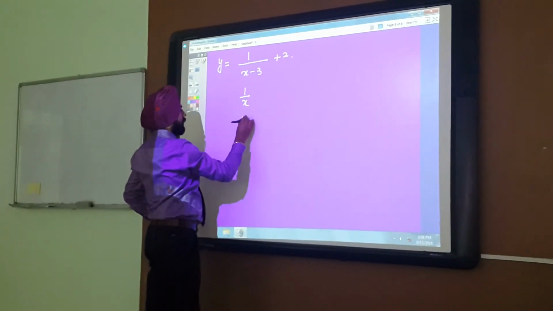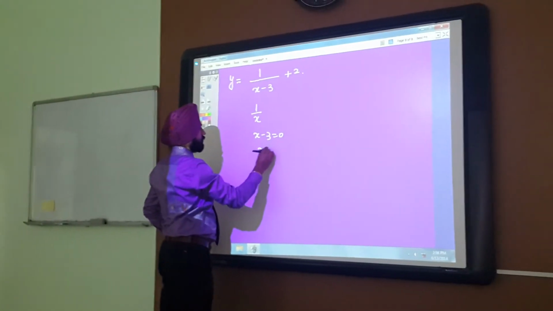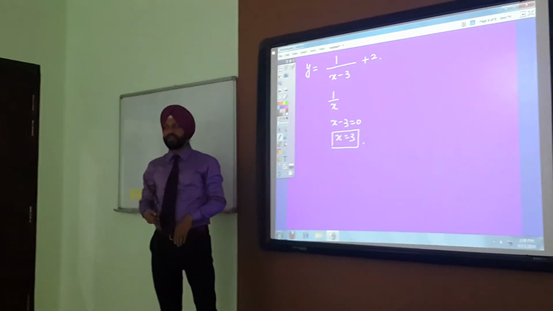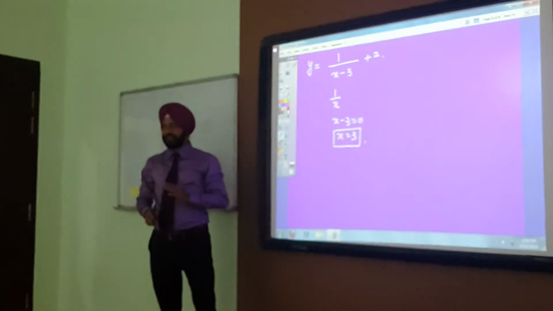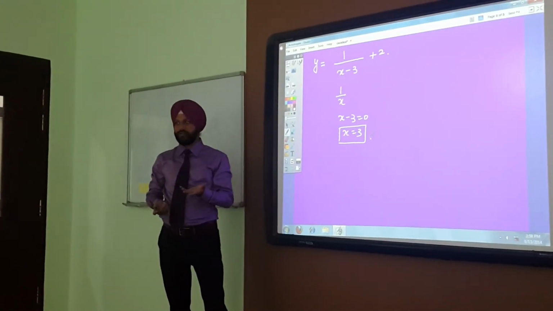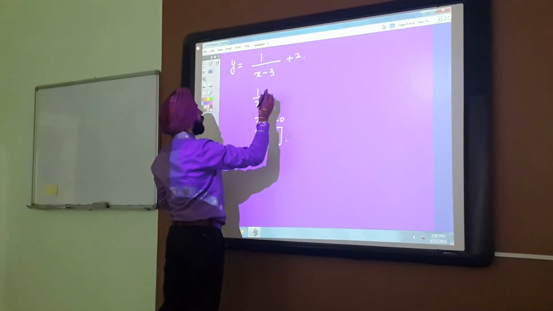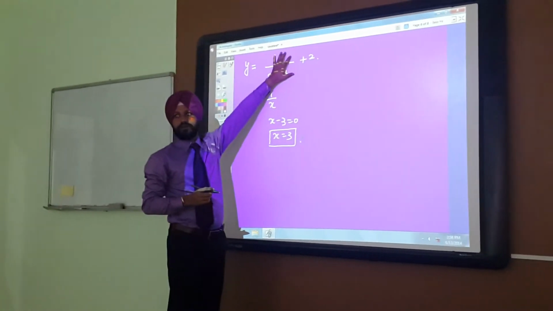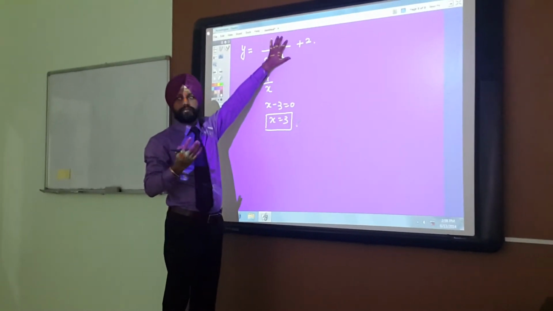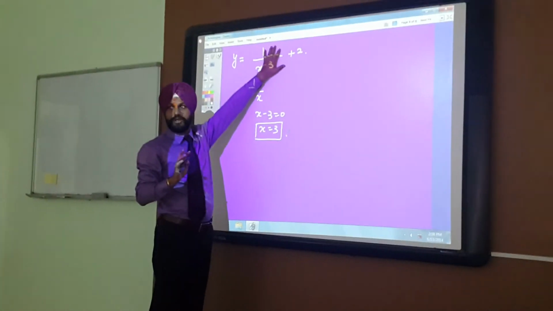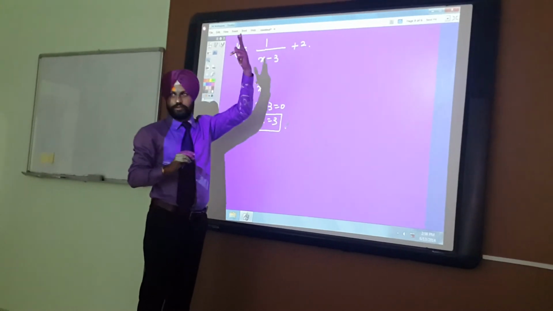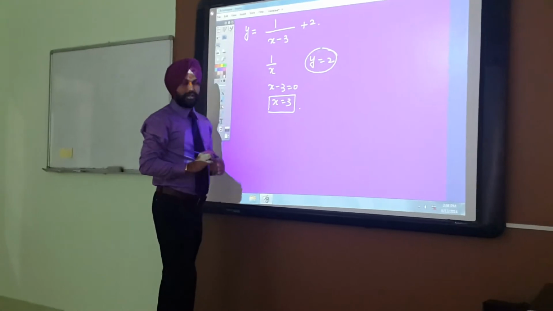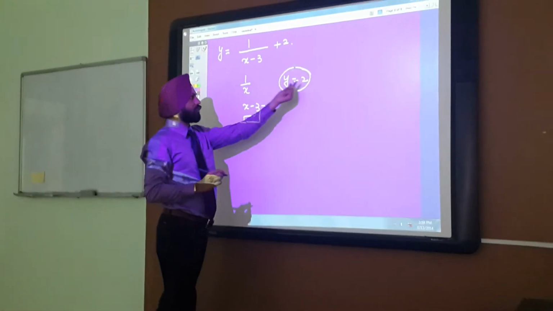Okay, so x minus 3 is 0, so x equals 3. Now I already calculated the asymptote, vertical asymptote. Now let's calculate horizontal asymptote. How to find? Actually you should know this number. What is the minimum value of this number? Minimum value of any number, it is 0. It cannot be negative. Okay, so 0 plus 2, it is plus 2. So y equals 2.